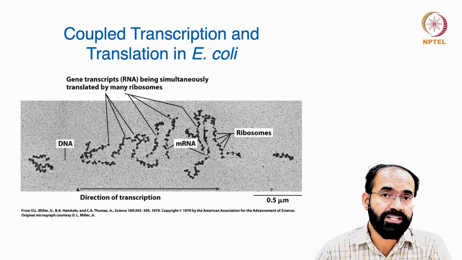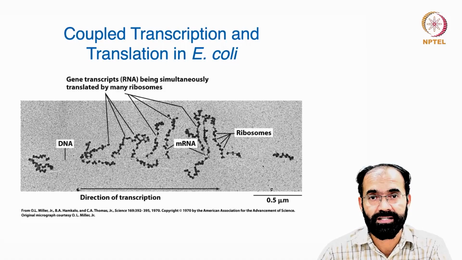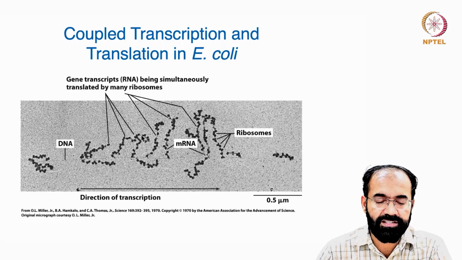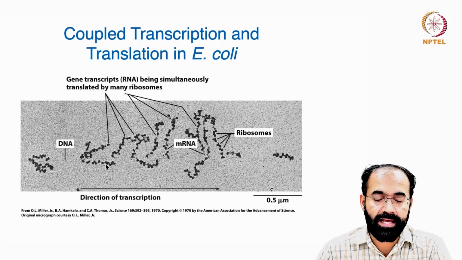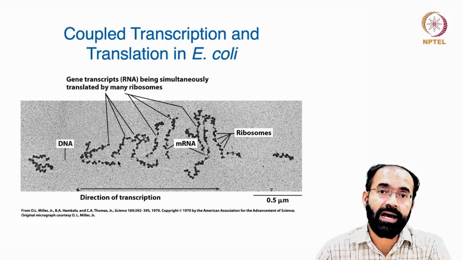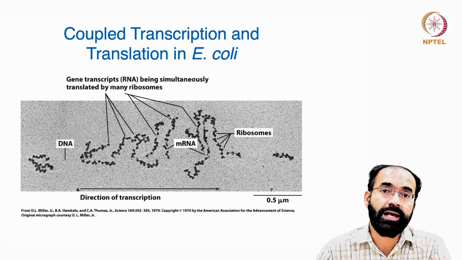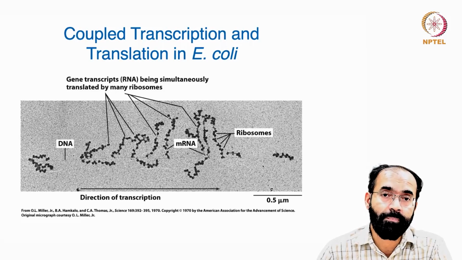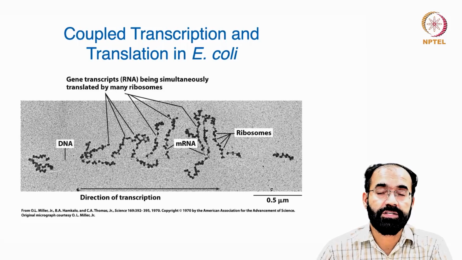So from one gene, 1 RNA, 2 RNA, 3 RNA, 4 RNA, like that, it can keep on coming at different stages of completion. None of them have completed the 1000 or 2000, whatever may be the length of the gene. So at different stages across this DNA, you can see several RNAs hanging, and each RNA has multiple ribosomes, and each of these ribosomes gives rise to one protein sequence.